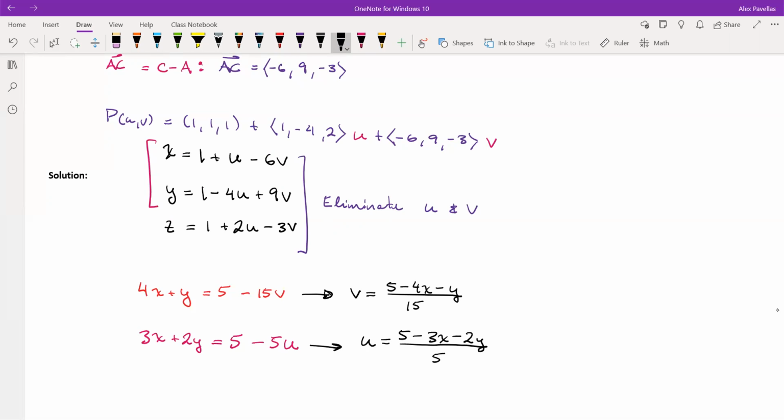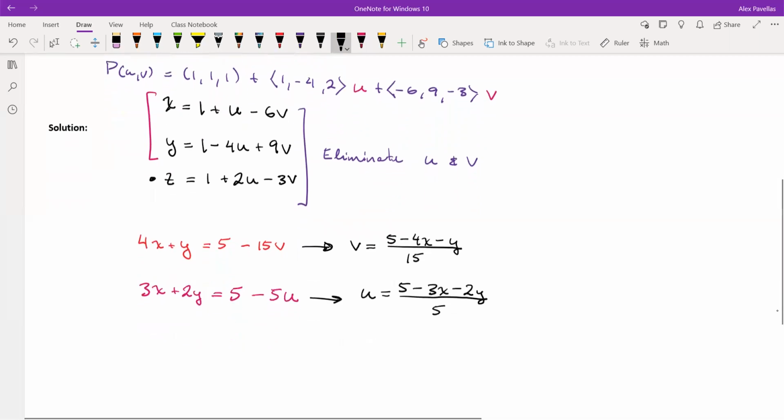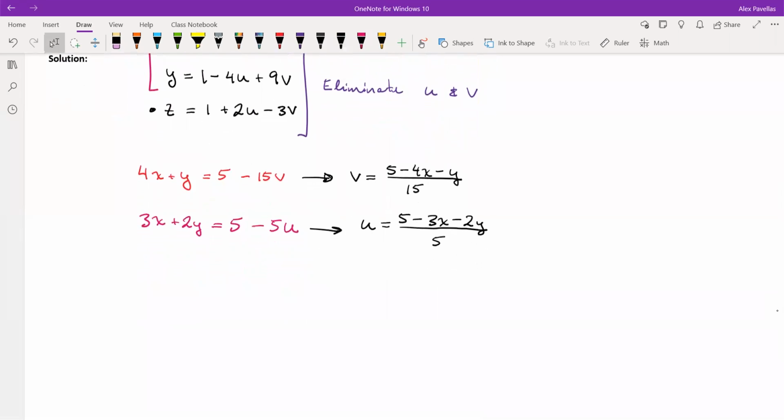Cool. So now if we want to know the equation of the plane, we could substitute this u and v into our equation for z, and then clean it up a little bit, and we should get the regular old equation of our plane involving just x's, y's, and z's.